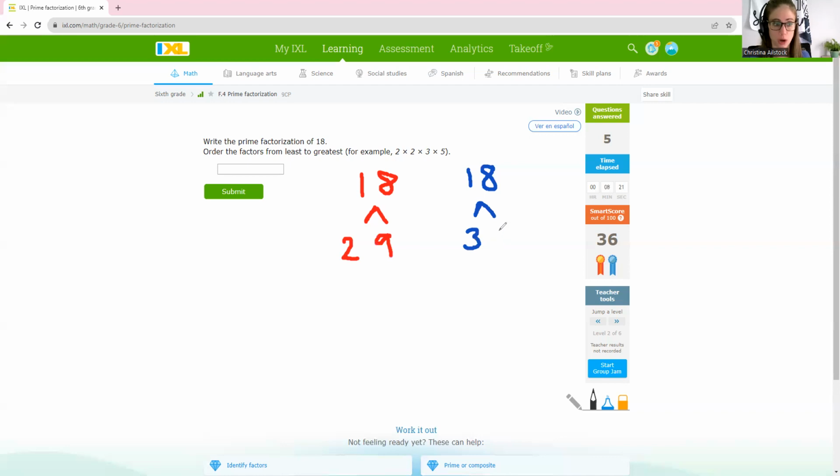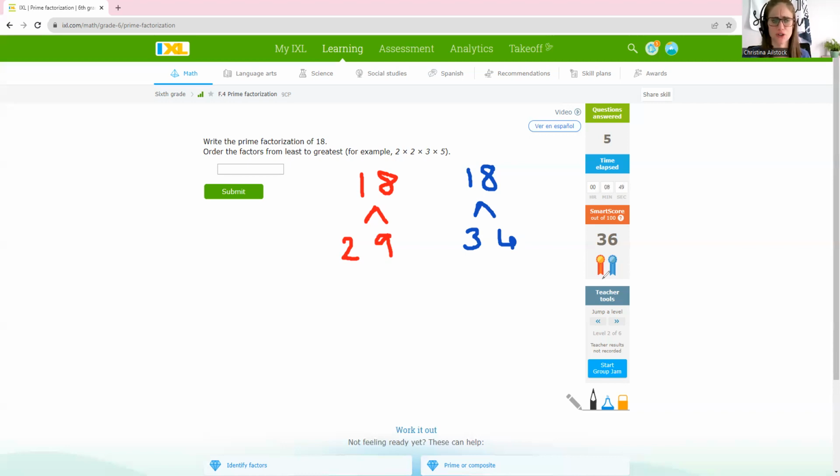So you could start it off that way. And you can keep going. If you have a larger number, just start working through. Is 2 times something going to give me that? 3 times something, 4 times something, 5 times something. Just go through your list there. You can either think of it as multiplication, or because multiplication and division are opposites and related, you can do that backwards thinking.